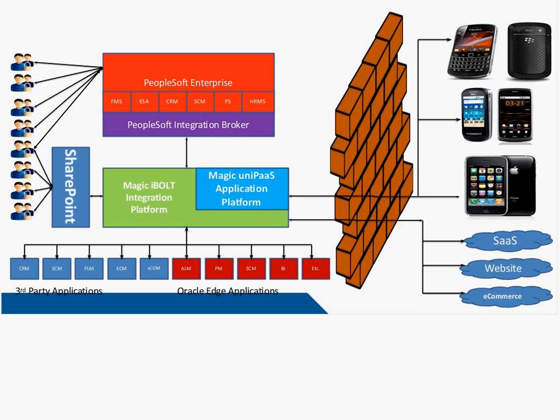So from an architectural standpoint, PeopleSoft Enterprise is working with the PeopleSoft Integration Broker, and then the iBOLT integration platform is orchestrating and communicating with all of your other systems, whether those be mobile devices, cloud applications such as Salesforce.com, various Oracle Edge applications such as Primavera or Agile PLM, and then, of course, third-party applications that you might have in your environment as well.